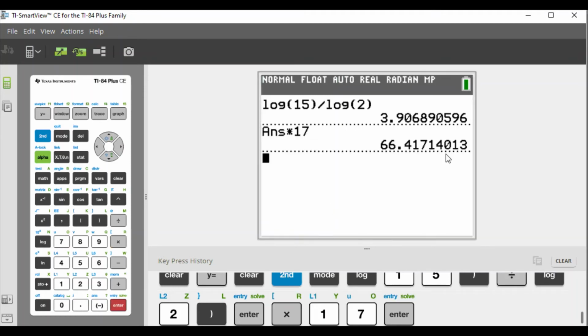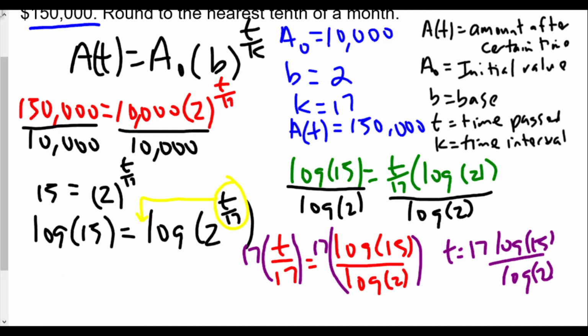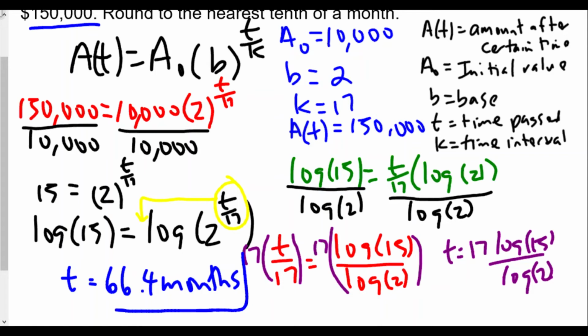And we get 66.4 as the number of months it's going to take to get from 10,000 to 150,000 at this rate of doubling every 17 months. So our answer in this case would be t equals 66.4 months. Okay?